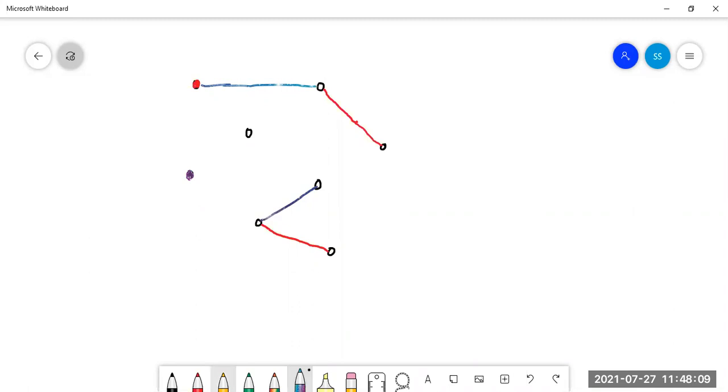Now we are going for yellow. This one is yellow. This is yellow. Now we are going for green.